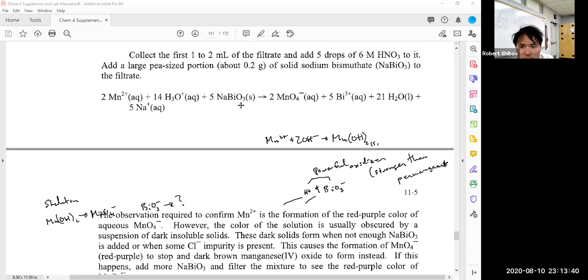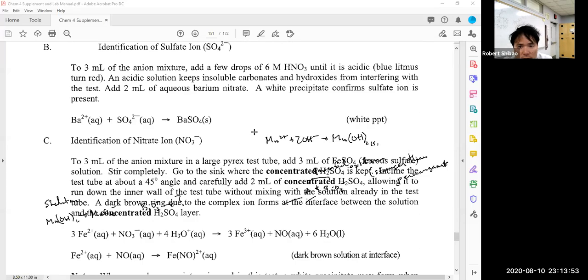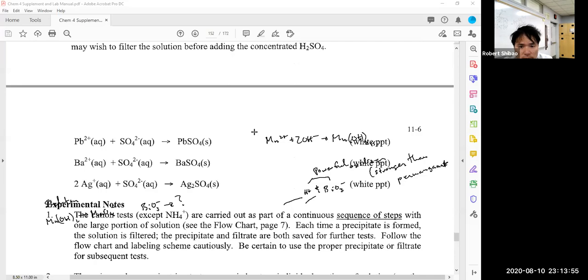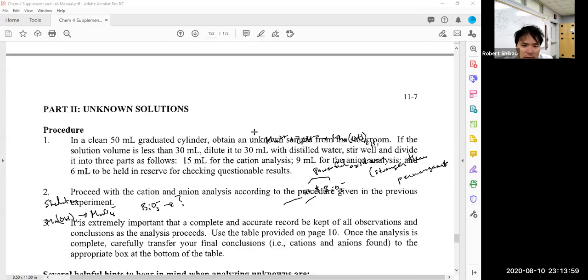So it looks like the bismutate gets converted to bismuth 3+. And this is sodium bismutate solid. I should have left it as solid. It's solid, but all sodium salts are soluble.